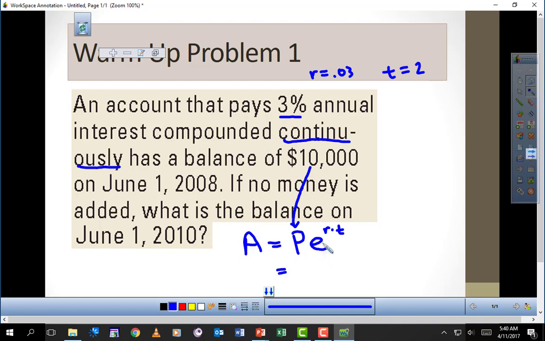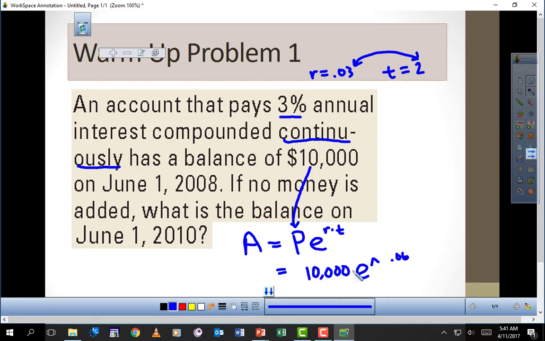Now keep in mind when you do this in a calculator, you might want to multiply those two together first. So then when you put an e in your calculator, you can use that caret key, and then you're going to put like 0.06, and that's multiplied those two together. And so here you're going to have like 10,000.